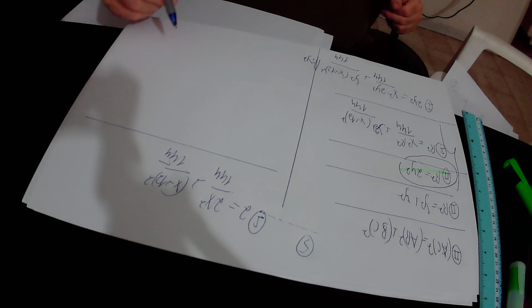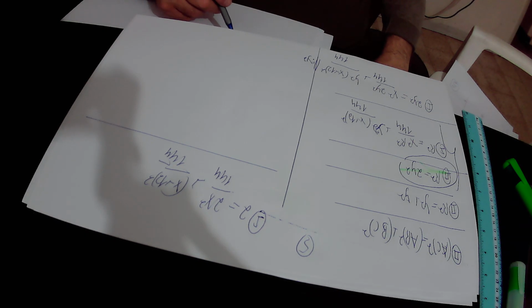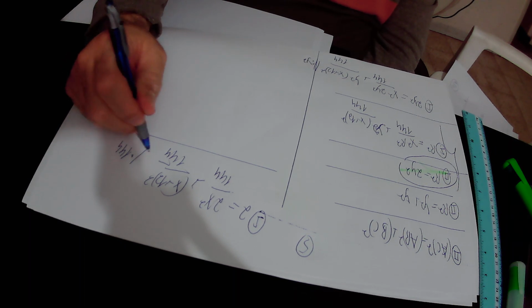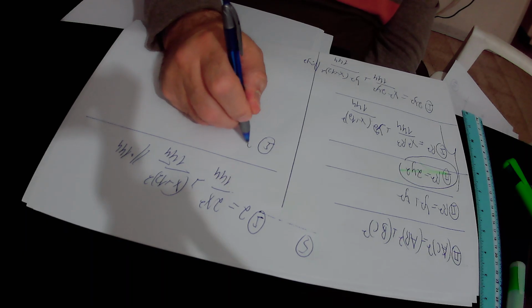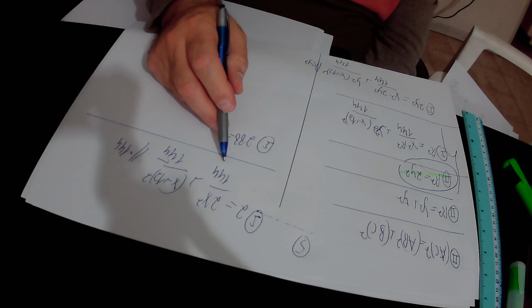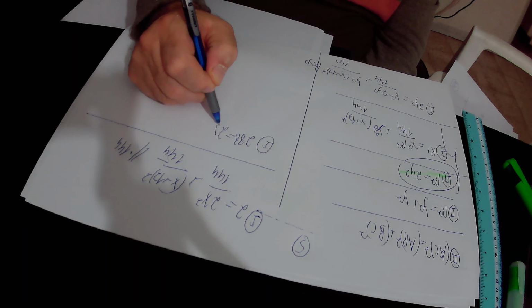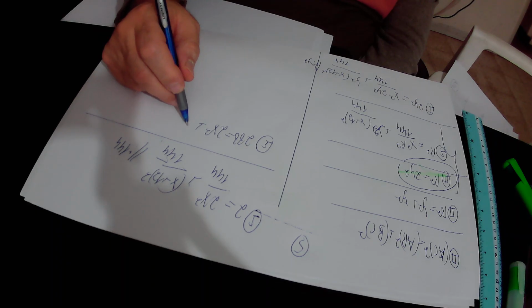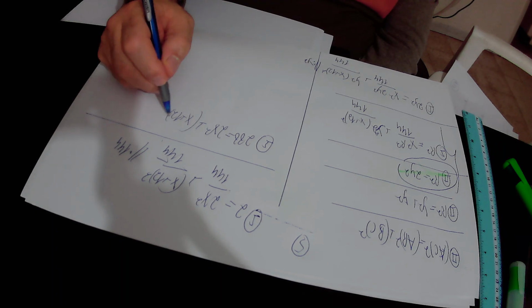So here we will multiply this equation 1 by 144, and we get that according to equation 1, 2 times 144 is 288, and it is equal to, here we have 144 in the denominator, so 144 will get cancelled, and we are left only with 2x squared plus, here we have 144 in the denominator of this expression, so 144 also will get cancelled, and we are left only with x plus 12 squared.